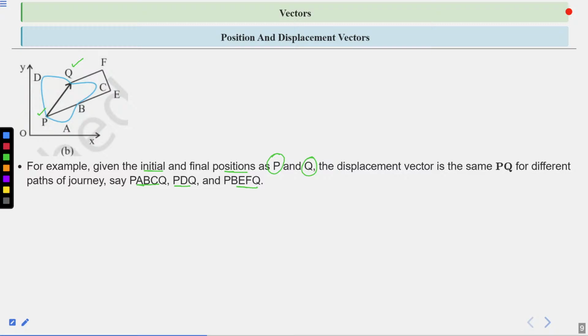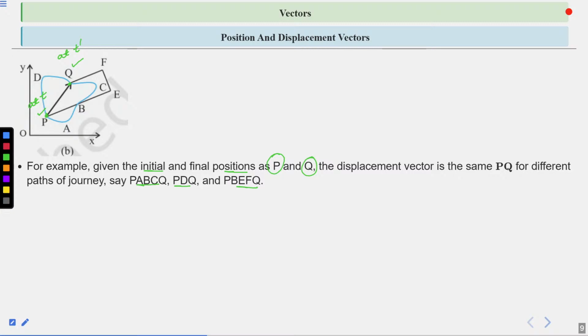This concept is very important. Suppose the initial position is P at t, after some time at t prime, the position of the particle is at Q. Now after some time again the position is same at P. It means the initial and final position is same.